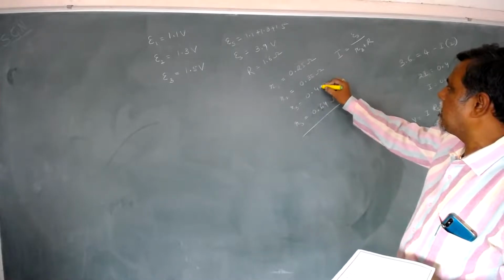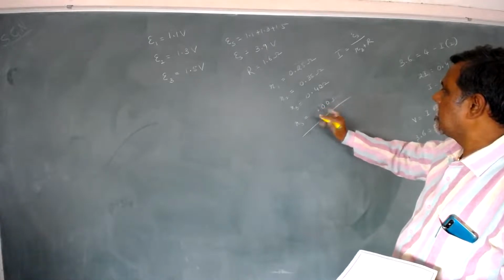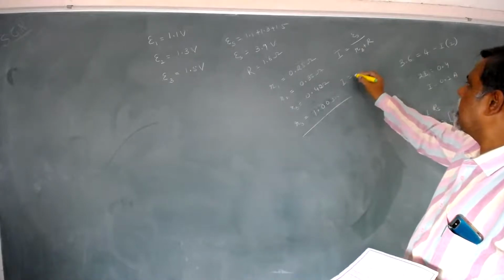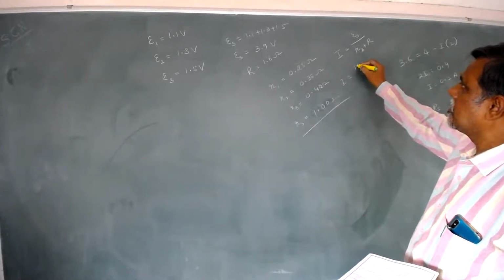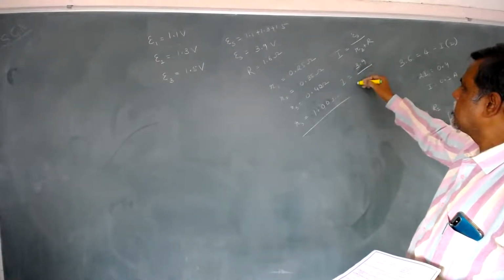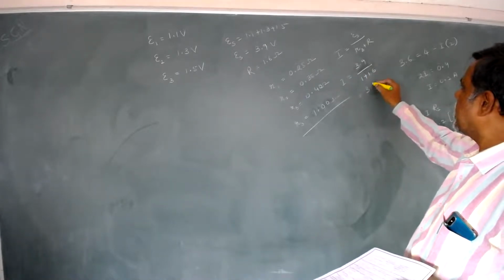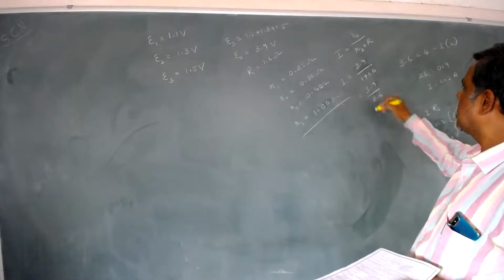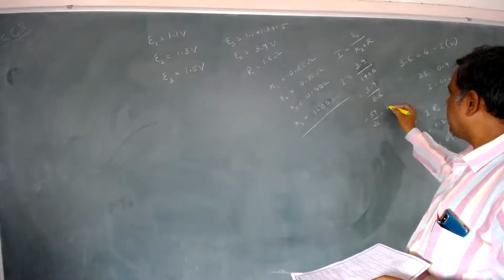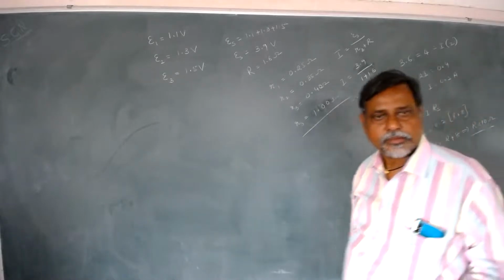So how much? 1.6 plus 0.64, and 3.9. So 39 by 26. 1 point something. 1.5 amperes.